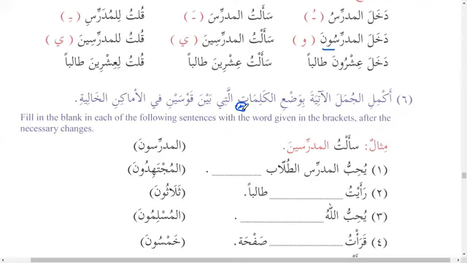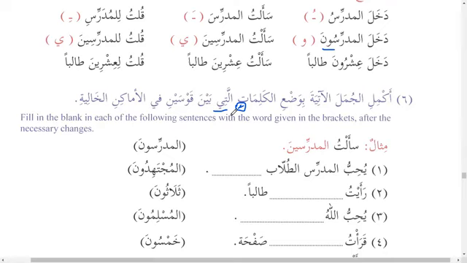For example, we say Baytullahi, the house of Allah. So this is tamlik. Kitabu Bilalin, the book of Bilal. Allati, what is allati? موصول. Ismul Mawsul, right? So it will always have a silatul Mawsul, as we say. And silatul Mawsul will always be a complete sentence, whether it's a verbal sentence or a nominal sentence. In this case, it's a nominal sentence.